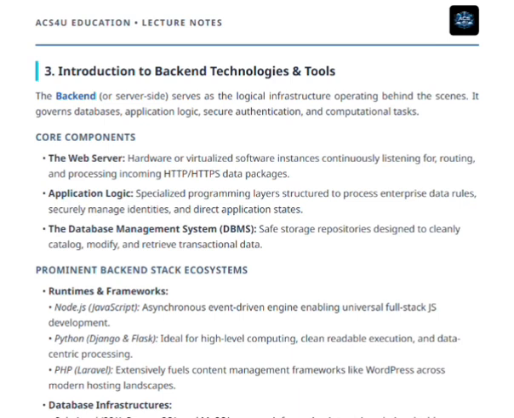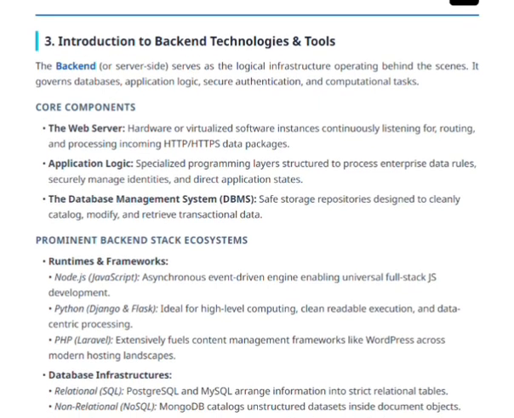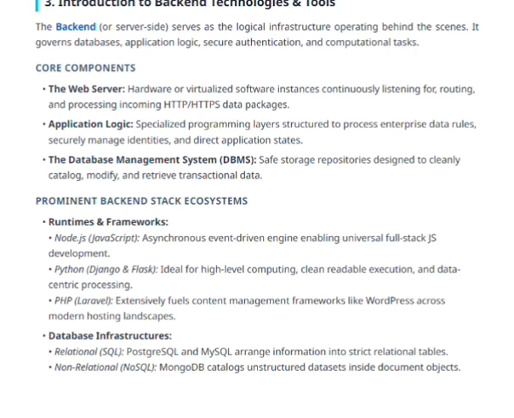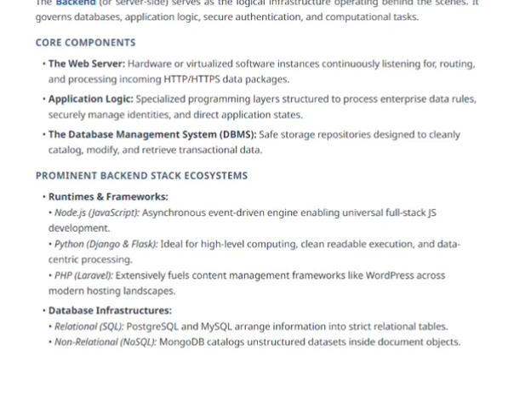PHP, with Laravel, extensively fuels content management frameworks like WordPress across modern hosting landscapes. Database infrastructures: relational SQL databases like PostgreSQL and MySQL arrange the information into strict relational tables, while non-relational NoSQL like MongoDB catalogs unstructured data sets inside document objects.